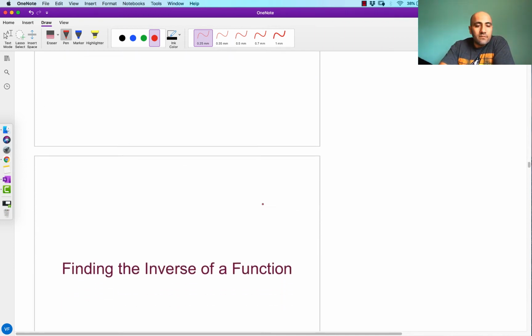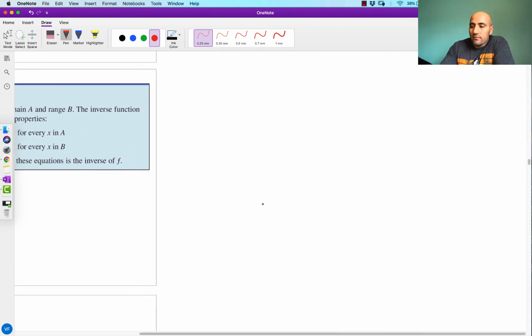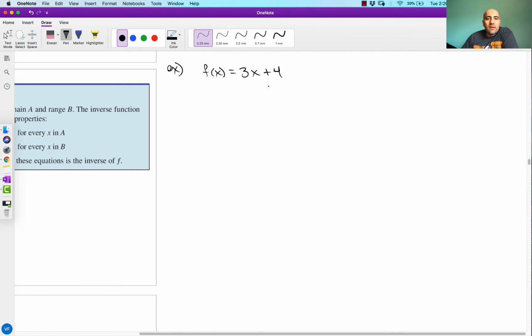So let's do an example. Let's do a simple example. Let's say we know that f of x is equal to 3x plus 4. And let's just, for a moment, call it g of x, because maybe we don't know that it's the inverse function.